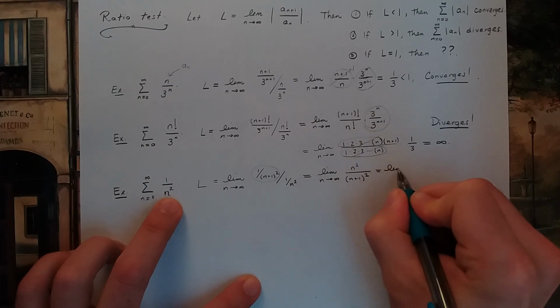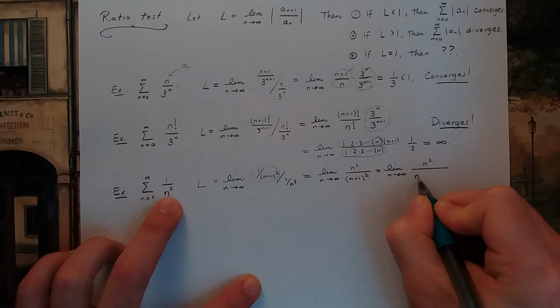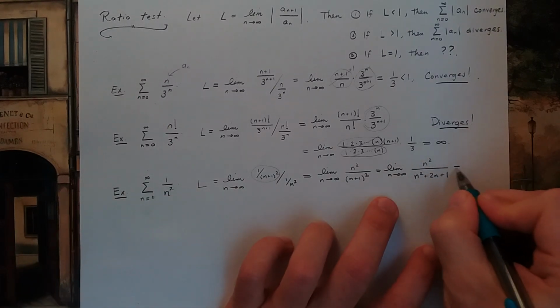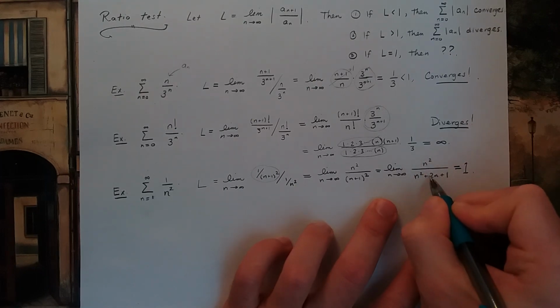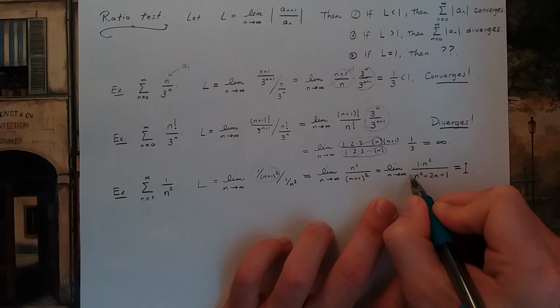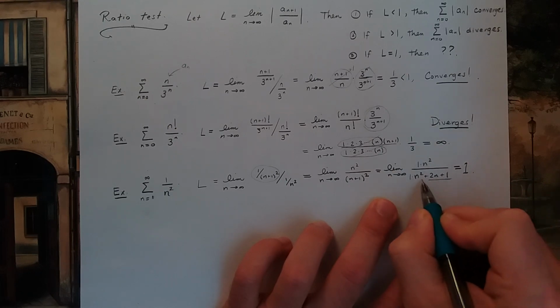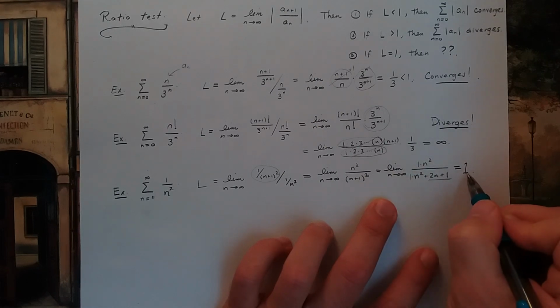If you'd like, this is the limit as n goes to infinity of n squared over n squared plus 2n plus 1. This limit is equal to 1. It's a polynomial divided by a polynomial, so I have 1n squared over 1n squared. These other terms are insignificant compared to the n squared, so the limit is 1 divided by 1.